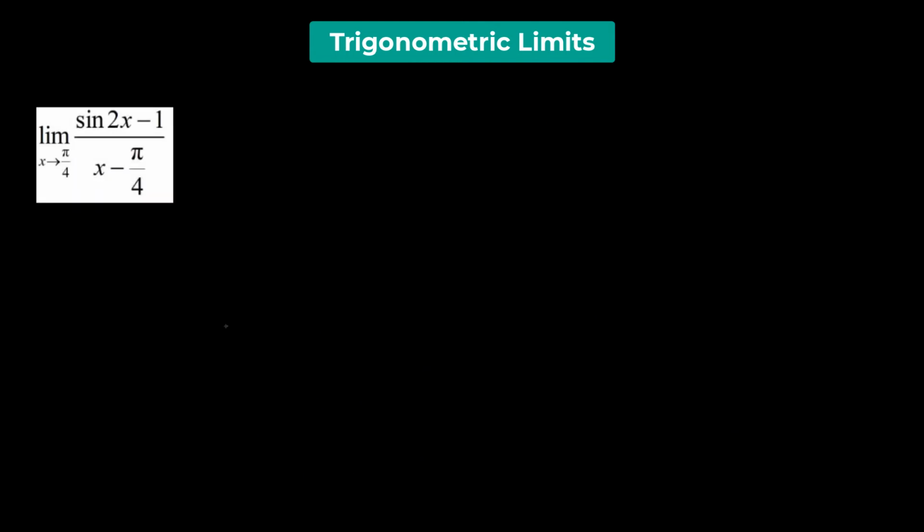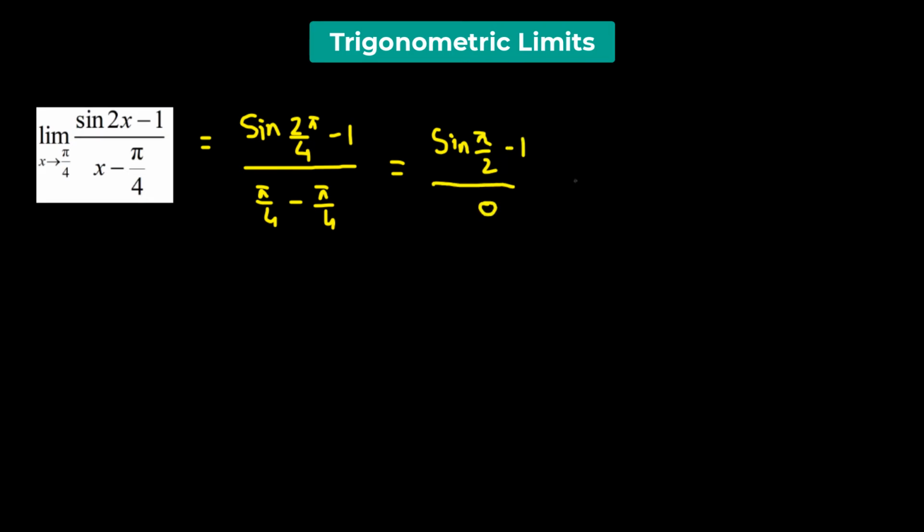So here we have the trigonometric function sine of 2x minus 1 divided by x minus pi over 4. We find its limiting value when x tends to pi over 4. So we have sine of 2 times pi over 4, minus 1, divided by pi over 4 minus pi over 4. Now sine of 2 pi over 4 is simply sine pi over 2, which is 1, so we have 1 minus 1 divided by 0, which is giving us an indeterminate form of 0 over 0.